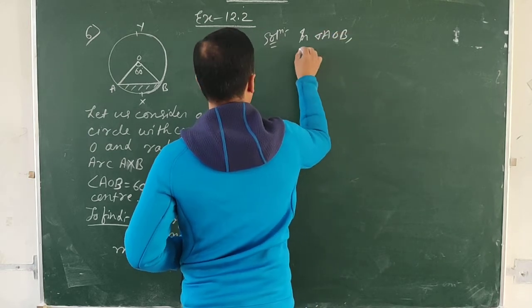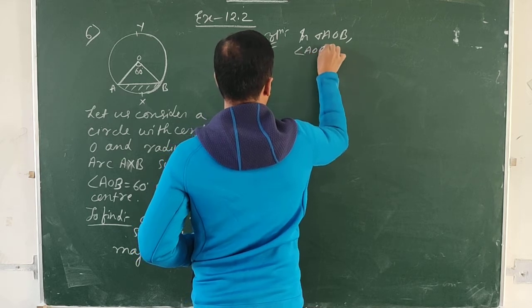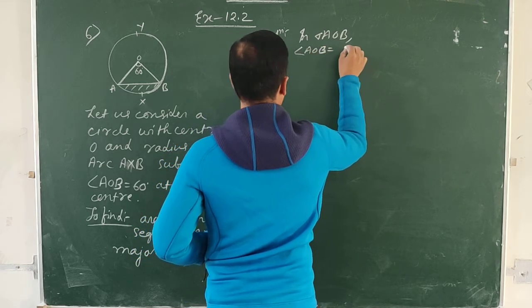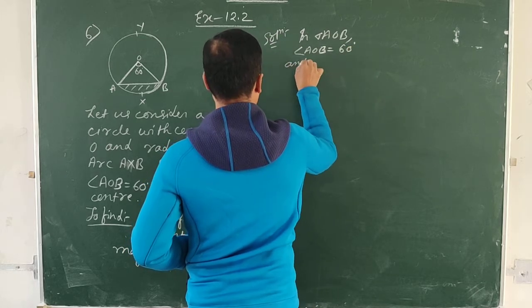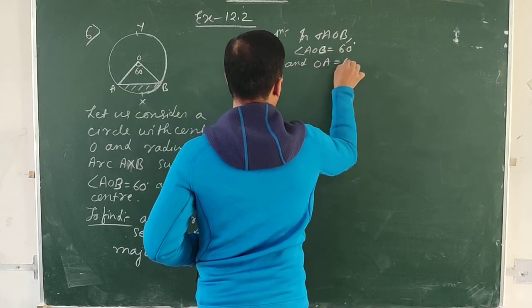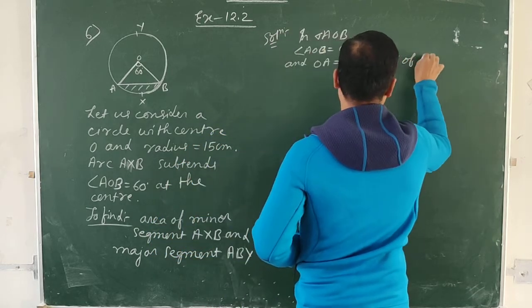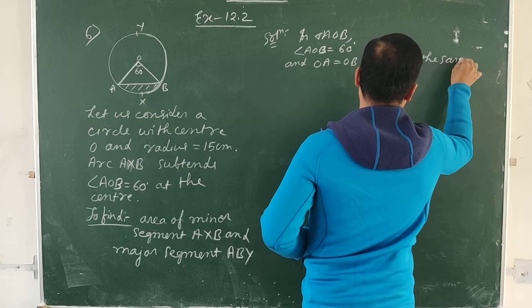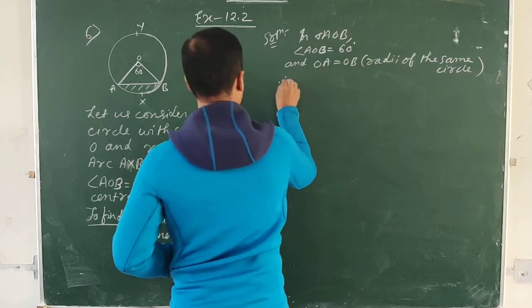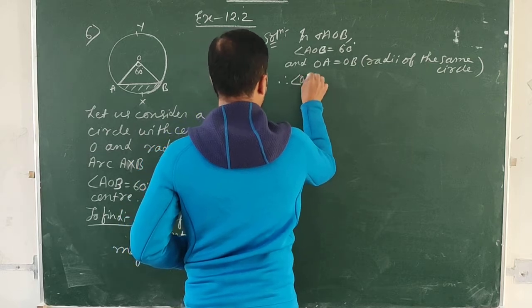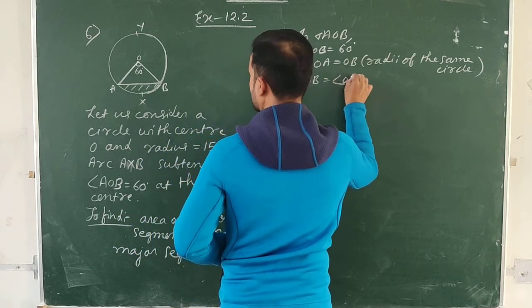Angle AOB is equal to 60 degree and OA is equal to OB, radii of the same circle. Therefore, angle OAB is equal to angle OBA.